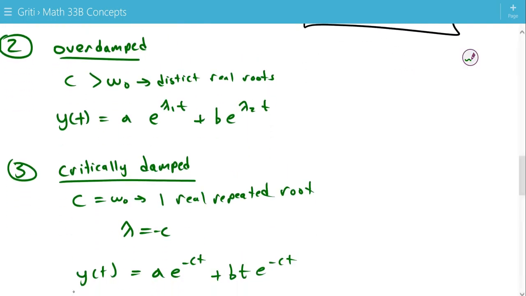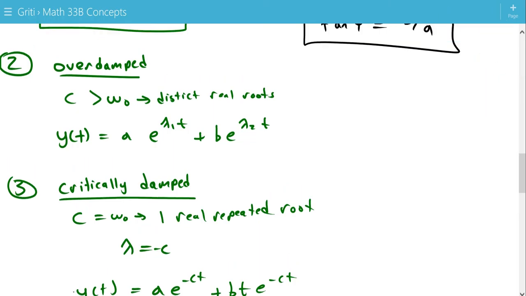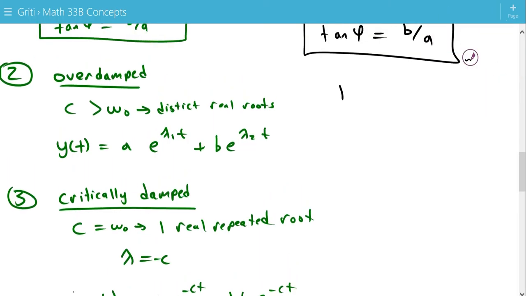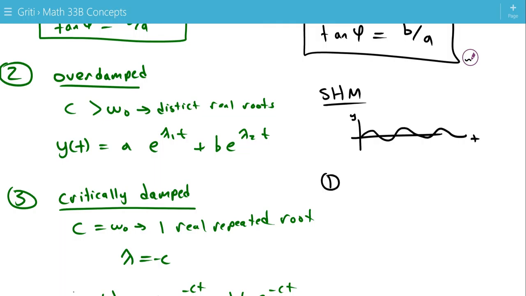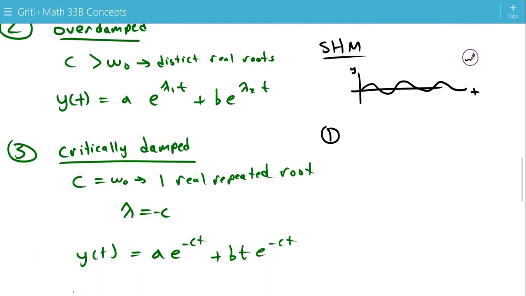So the way these solutions look graphically: simple harmonic motion is just a regular periodic wave with constant amplitude. Our underdamped case will look like this.